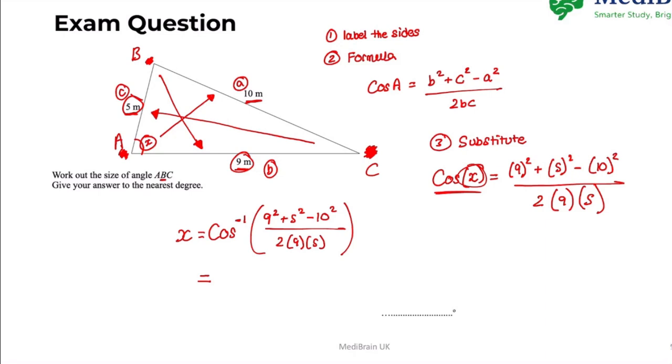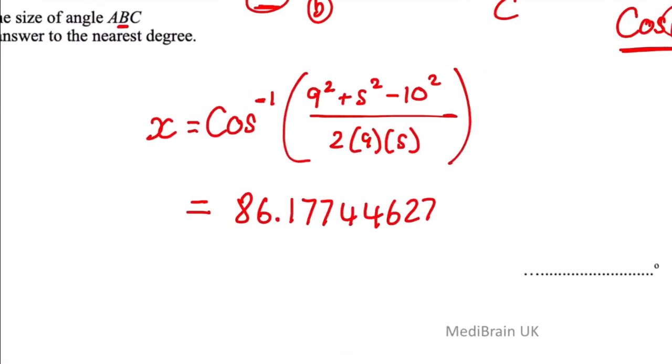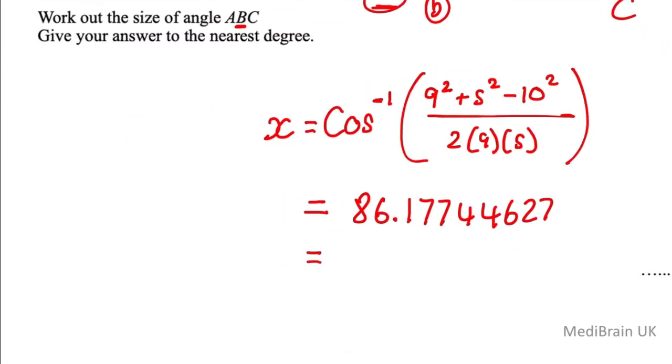Okay, and if we type that into our calculator, 9 squared plus 5 squared minus 10 squared over 90, we get an answer of 86.1774467. It does say to the nearest degree, so we would get an answer of 86 degrees to the nearest whole degree.